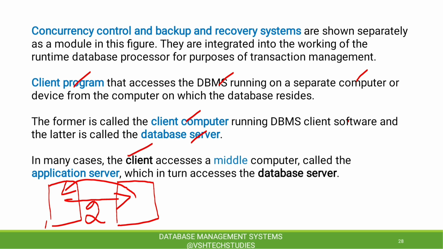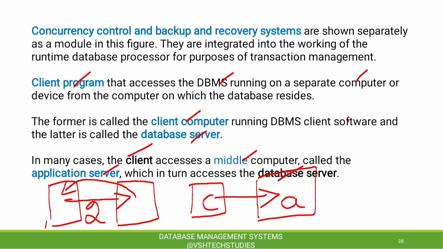In many cases, the client accesses a middle computer called the application server, which in turn accesses the database server. That is, there will be three computers. First is the client computer, and second is the application server, to which the client computer will submit the query. This application server in turn accesses the database server, another computer, and the query will be submitted by the application server.